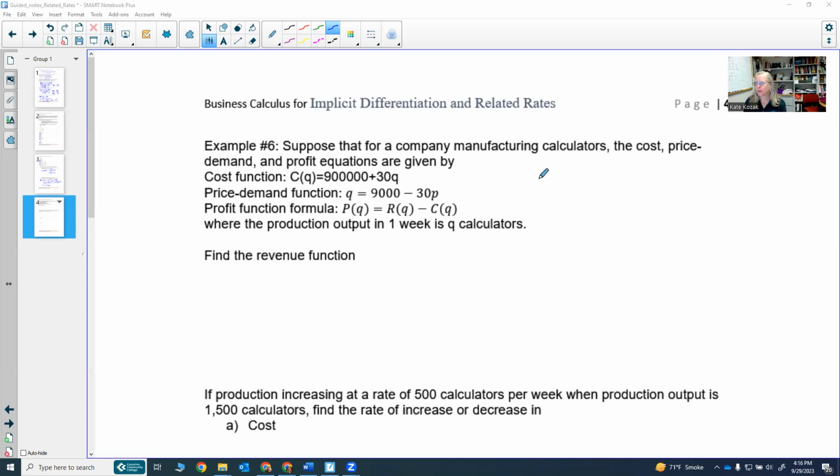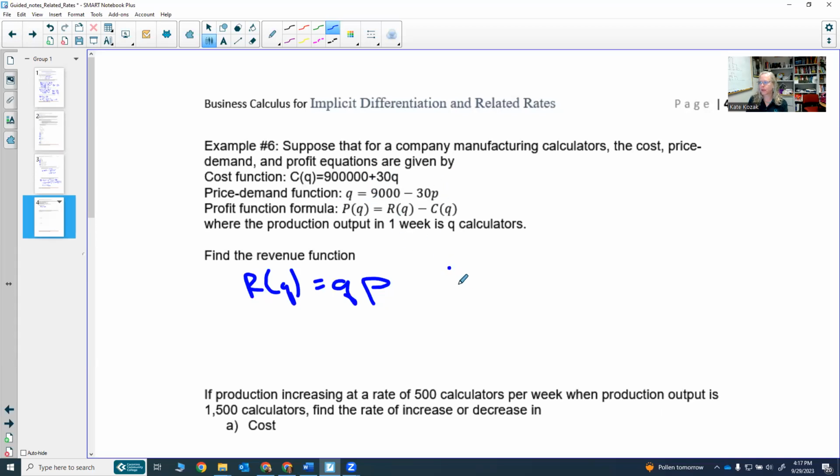I would like us to find the revenue function. Well, the revenue function, R of Q, is equal to the quantity that you sell times the price. So it's Q times P. Where P, we have to take our price demand function and get P by itself.